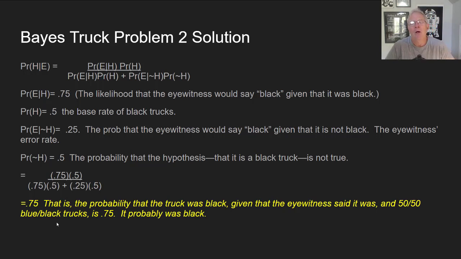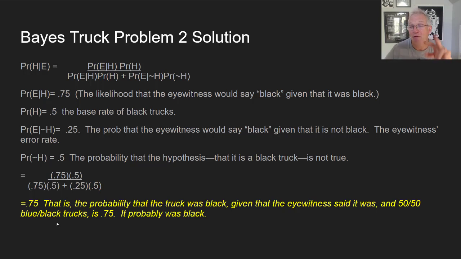Okay, so what happened? We had a town where blue and black trucks were 50-50 distributed, and one of them was in an accident. What's the odds it was black? Well, 50-50. Furthermore, a 75% reliable witness said it was a black truck. We run it through Bayes, and now we get the answer that there's a 75% probability it was black. That's interesting.